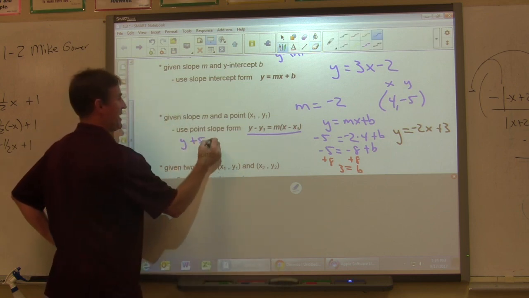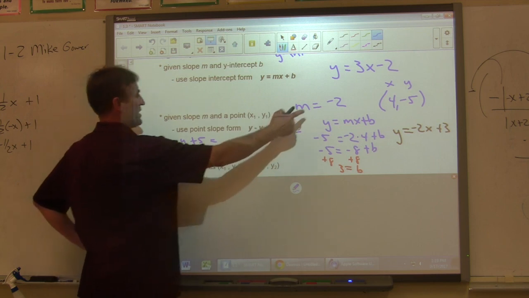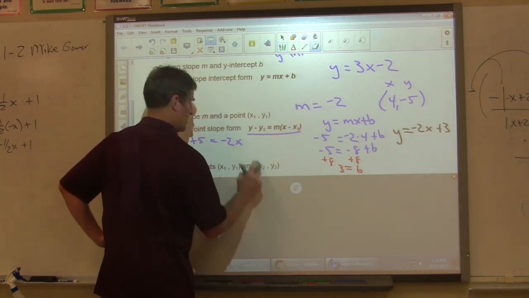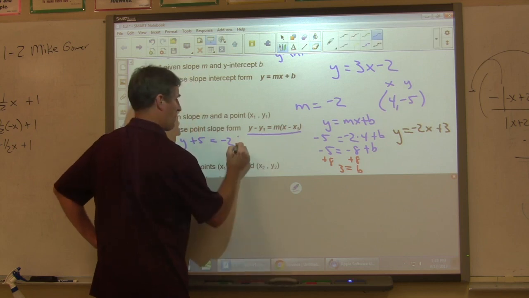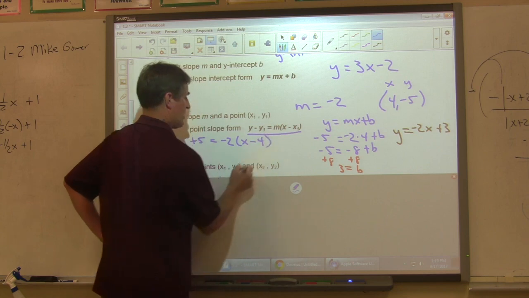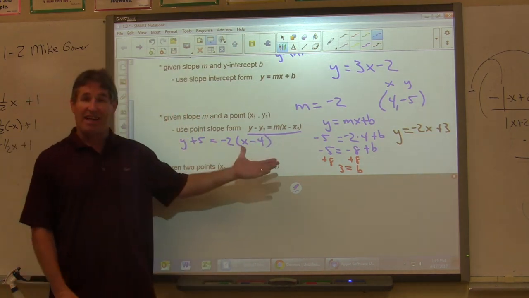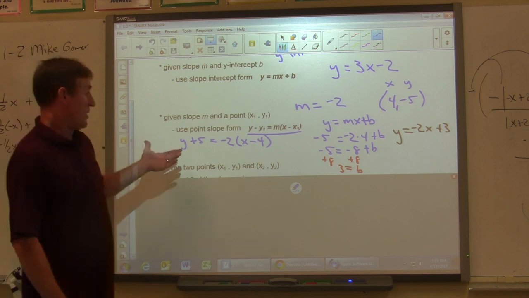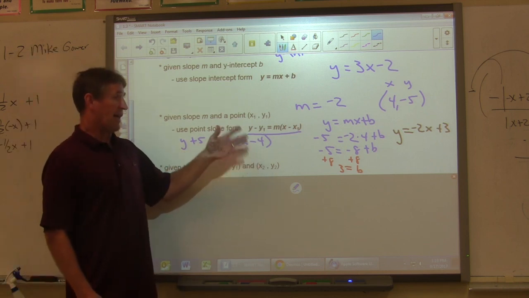Y plus 5 equals m, which we know is -2, times x minus x1, which is our x value. You can just leave it like that because they don't ask you to put it in slope-intercept form. So that's the equation for the line, and it works.